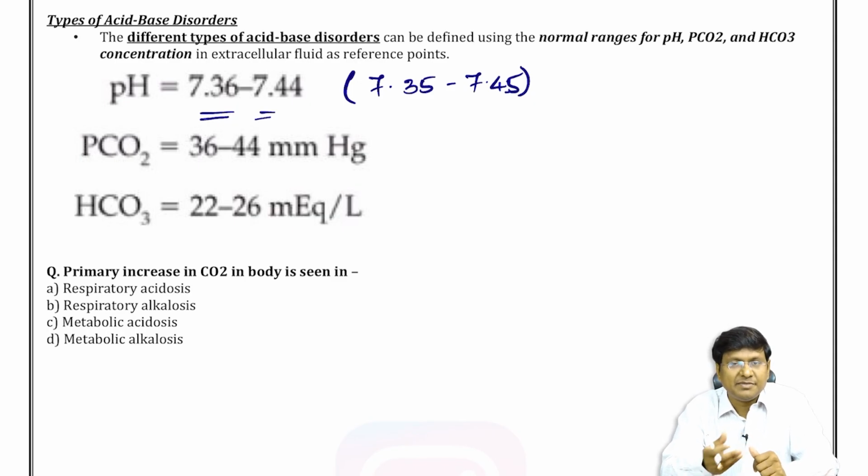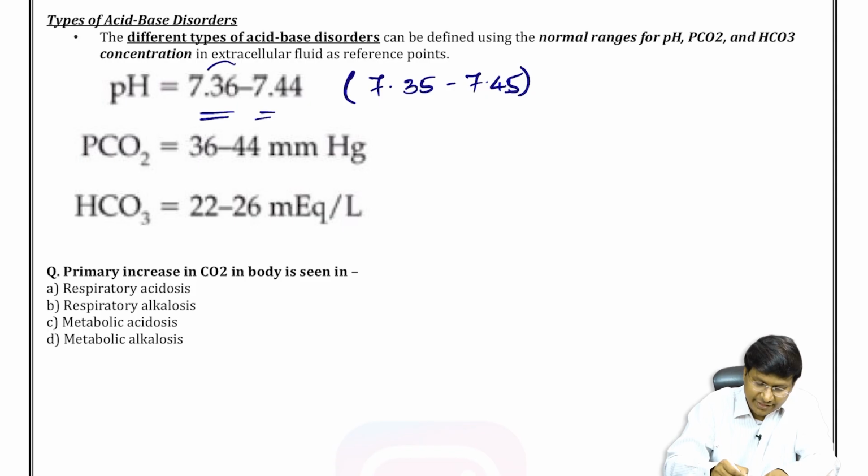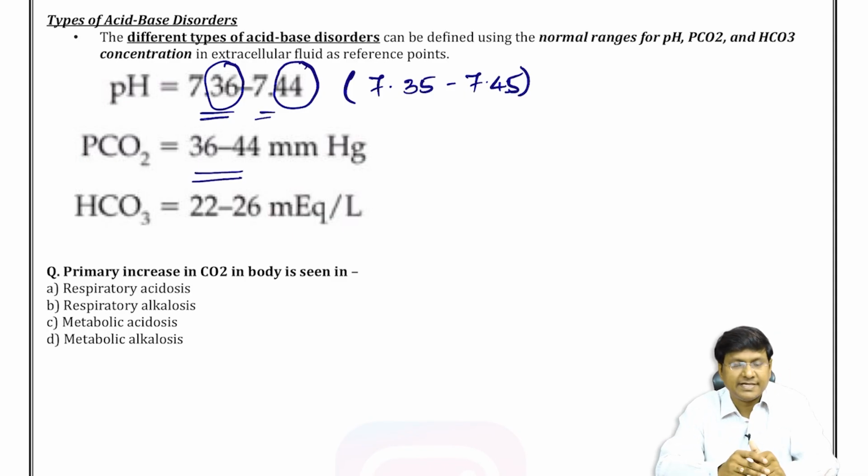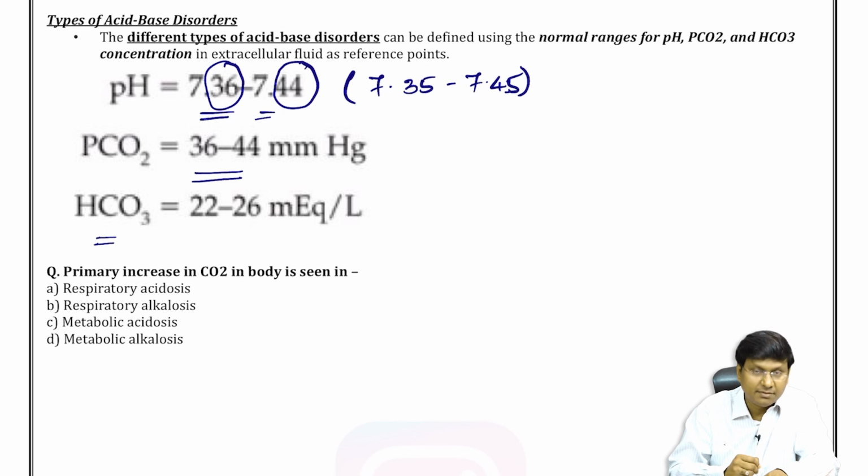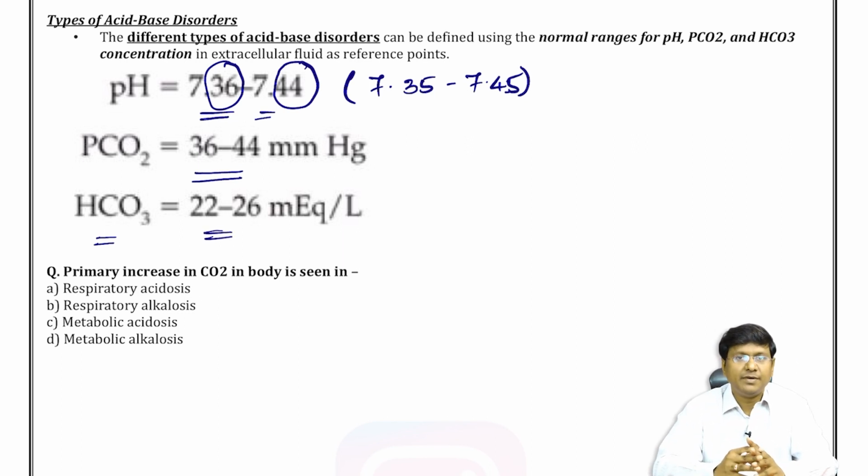And what will be the partial pressure of carbon dioxide? You take the 36 of 7.36 and the 44 of 7.44. So 36 to 44 is the normal partial pressure of carbon dioxide. And the bicarbonate levels will be 22 to 26 milliequivalents per liter. That will be the normal level of bicarbonate.